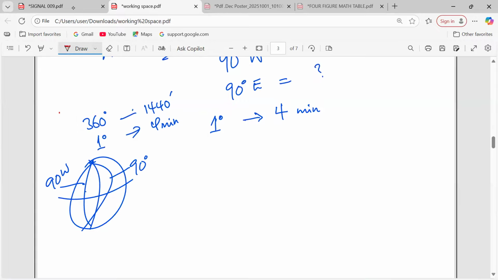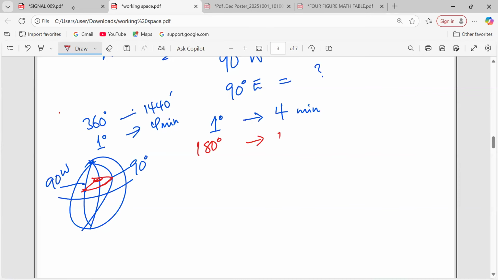It's good you understand the logic here. We move the 90 degrees on the west, then we transition through the prime meridian to the east and we still move for 90. That means the longitude difference between these two places is going to be 90 plus 90. So 180.